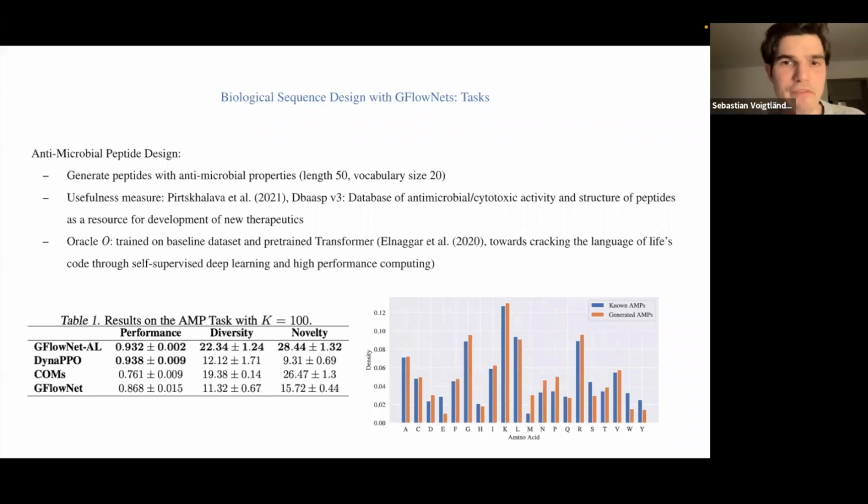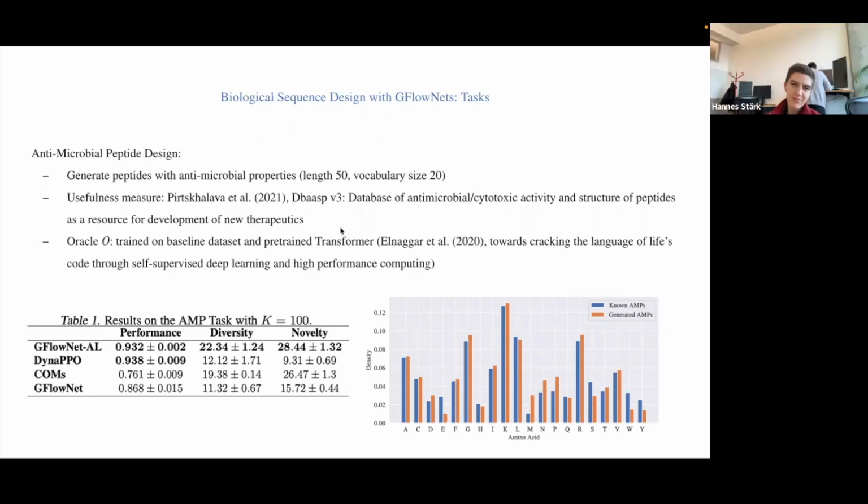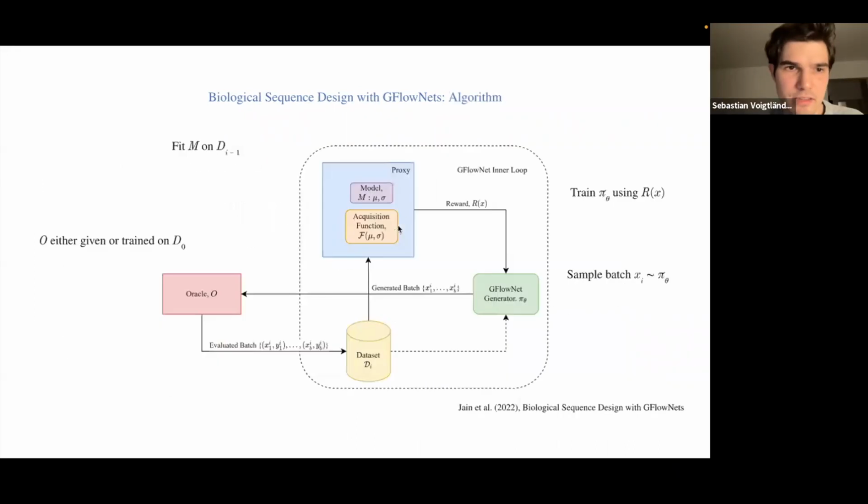As far as I understand, you have a database with the ground truth, which is the antimicrobial or cytotoxic activity. And in order to predict for your generated samples that are not already in the database, you are trying to learn an approximation to the oracle, which is trained on the baseline data set and a pre-trained transformer taken from the literature. So in this case, if you go back to this picture, you don't only learn the model M that gives you the proxy and the GFlowNet, but you also learn the oracle by training it on the ground truth data, the baseline data set.